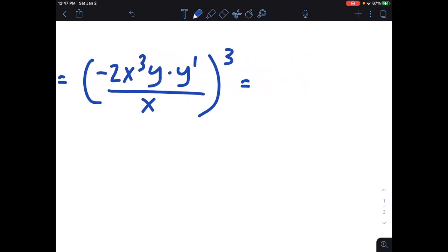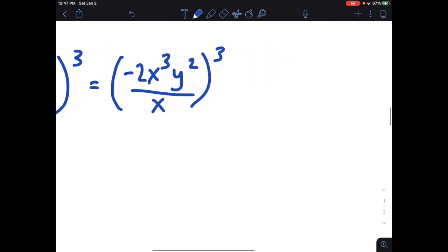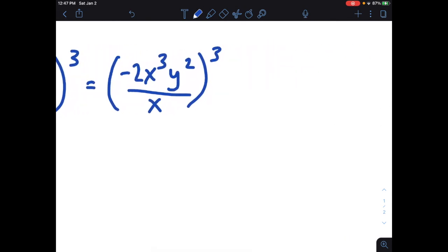So we have -2x to the 3rd, and this is going to become y squared, because y to the 1 times y to the 1 is y squared, all over x to the third power. And now we have a couple of choices from here how we want to proceed. We could apply the quotient rule first, and we could eliminate the x in the denominator. And I almost kind of prefer to do that because it just is going to make the power rule a little bit simpler.